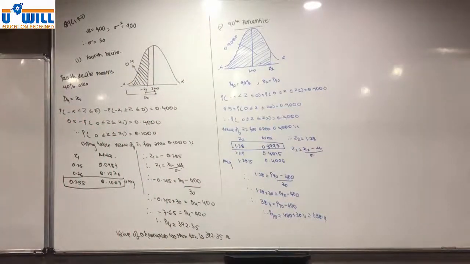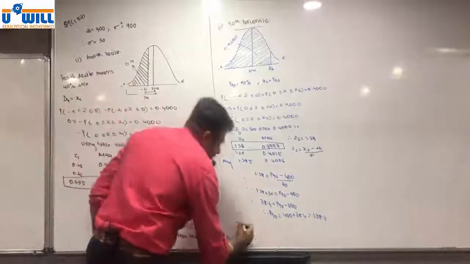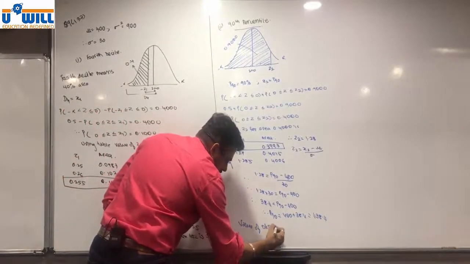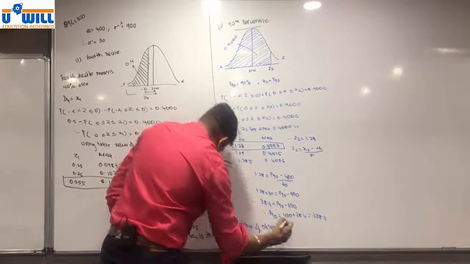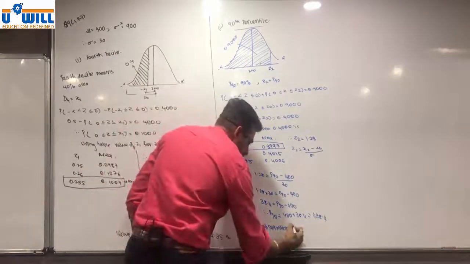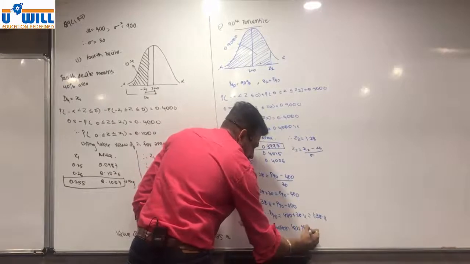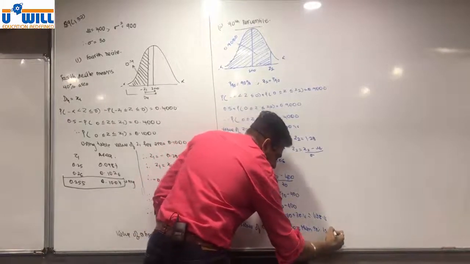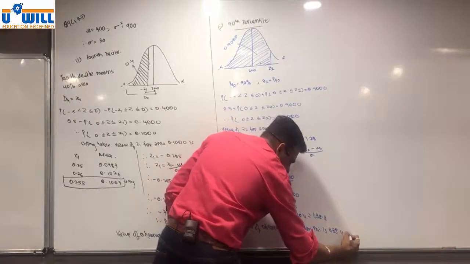Is the sum over? No, we have to interpret. So, write: value of observation less than 90% is 438.4.